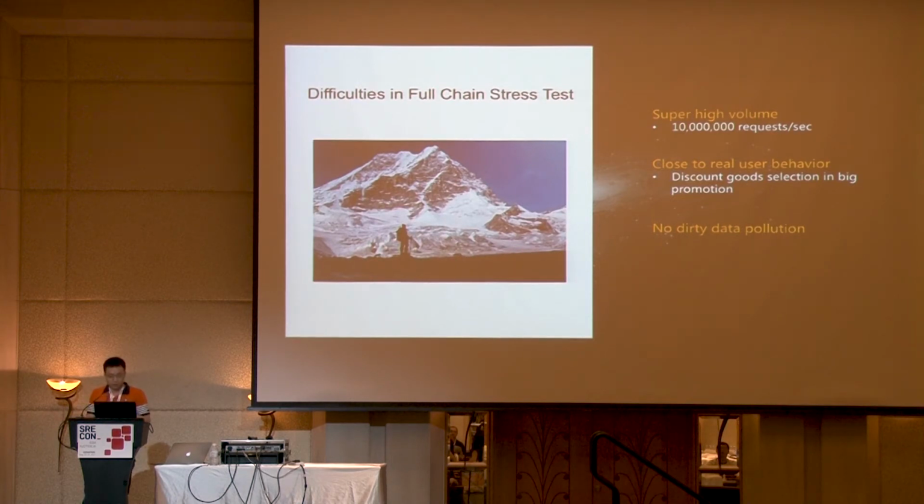The real scenario is very, very complicated, and there are mainly 3 challenges. First challenge, the incoming request volume is very large. The system will receive over 10 million requests per second at 0 o'clock of Double 11.